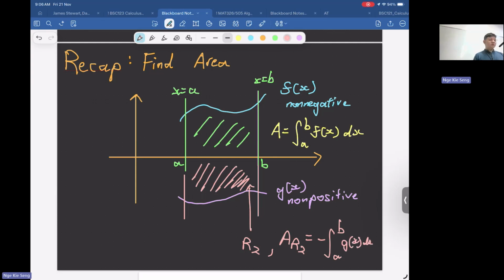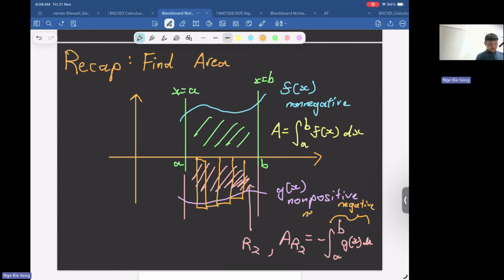Okay. So why do we put a negative here? Because we want our area to be non-negative. Area should be positive, right? So we put a negative here because if you consider the Riemann sum, the rectangles here have negative height. So you expect that this integral term is originally negative.